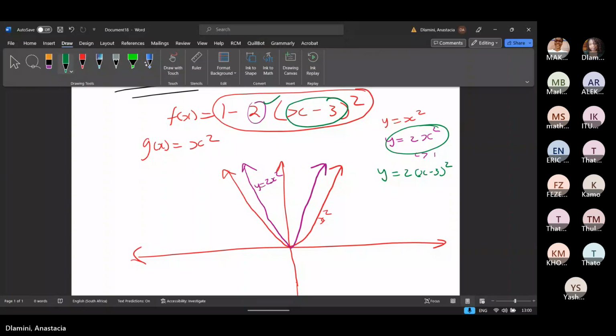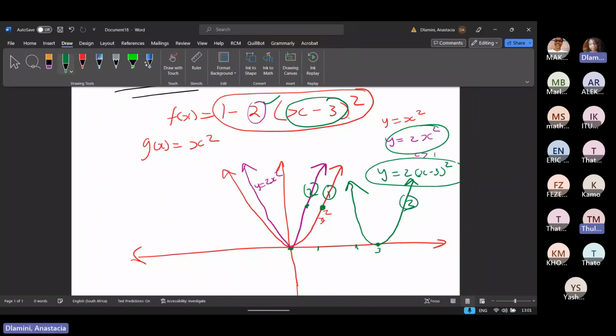You're shifting it horizontally to the right, by 3 units. It's important you mention units. So it's from here, 1, 2, 3. The graph will be there. Remember, we moved from the red graph to the purple graph. So this is graph 1, this is graph 2, and this is graph 3.